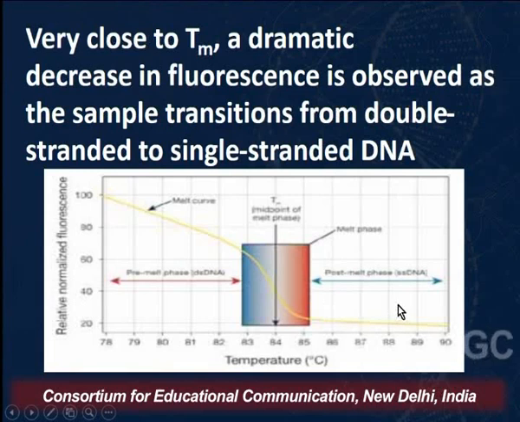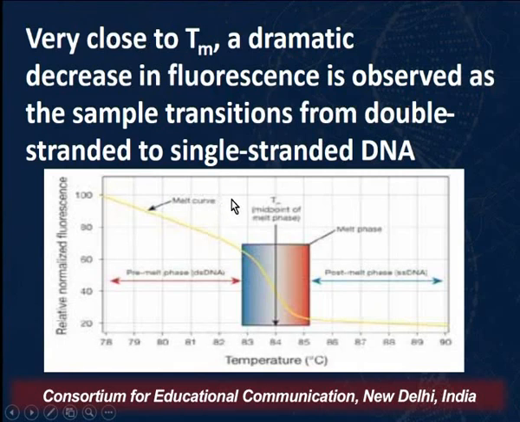So this is again a very powerful technique where the quantitative PCR mechanism is clubbed with the DNA melting mechanism, and both are used to detect the differences in the double-stranded DNA molecules.